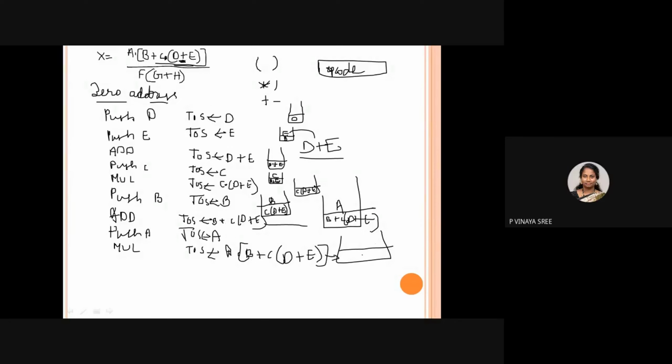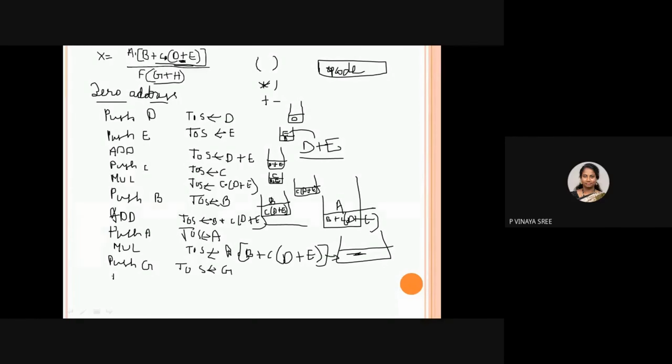So here now we have this one. Okay, next is what we need to perform this operation. Why? Because this is in a parenthesis, so I have to perform this one first. So I have to push G, so that in the top of the stack you will be having G. Next is what, ma'am?